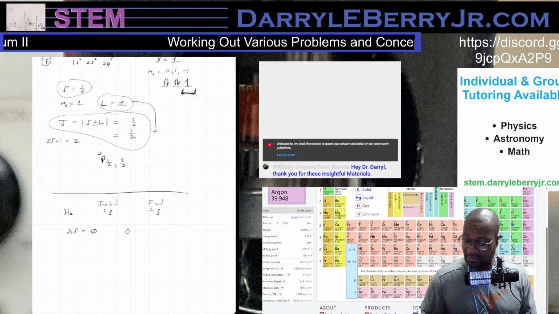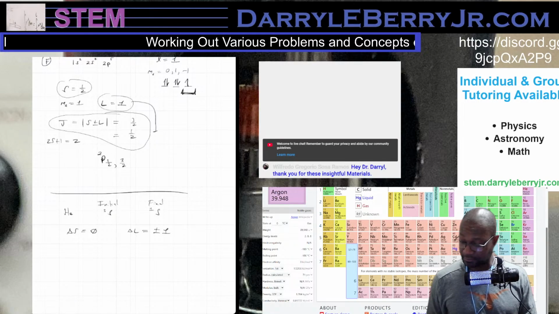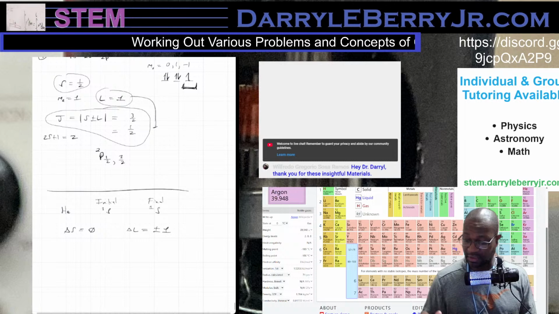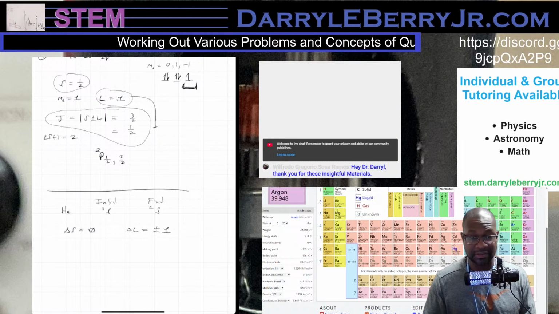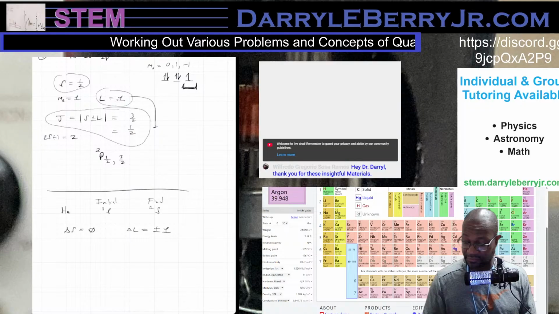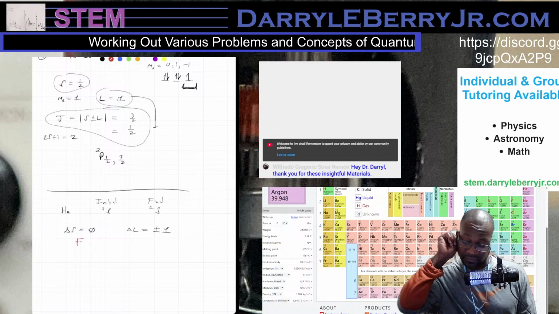But the L should change by plus or minus 1. So when we look at helium, its initial state is the triplet S state and its final state is the singlet S, we see that S did not change, so that's false.